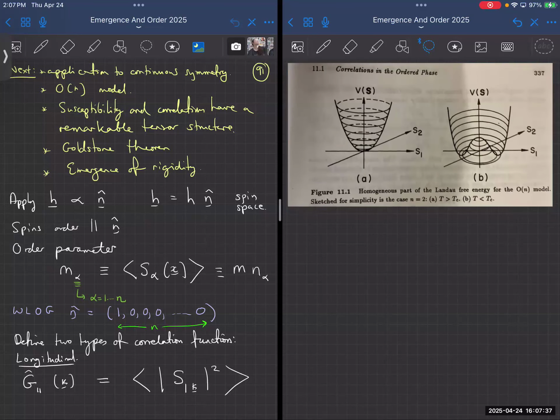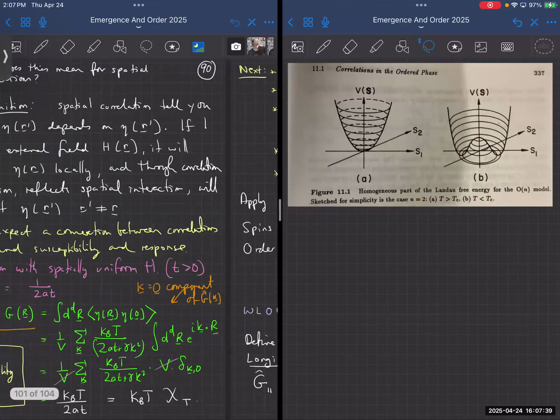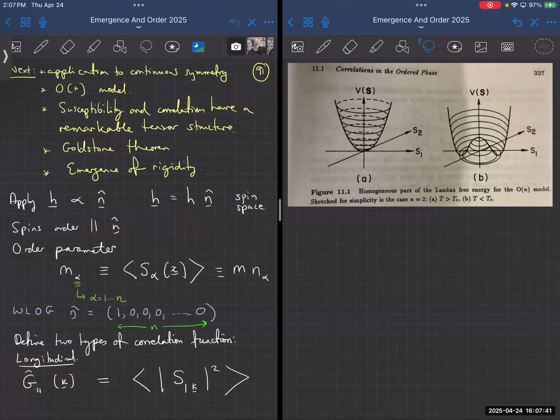Okay, so at the end of last lecture, we looked at the ON model.